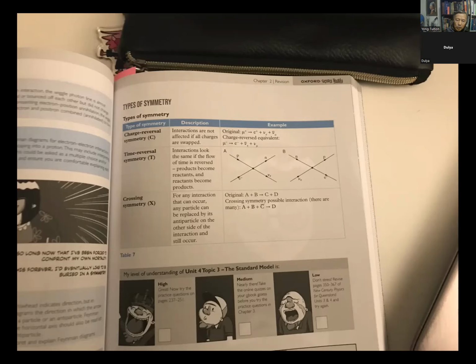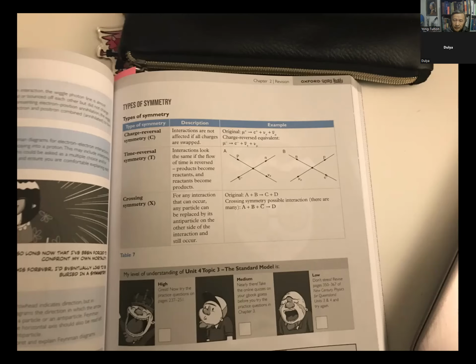So what is the charge reversal? If you have a reaction and you change the charge sign, can you see the second equation, mu negative? You change all the signs of the charge, and you will find that this particle interaction still holds. Can you see?